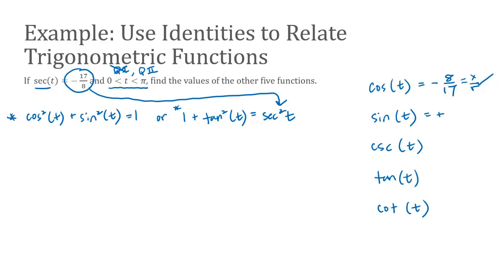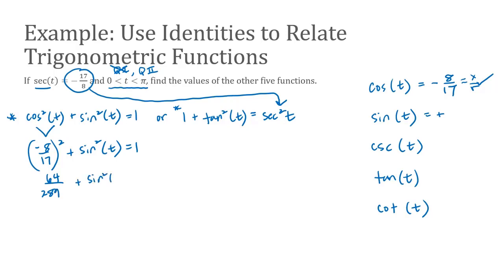I'm going to choose to use the Pythagorean identity, and in the place of the cosine of t, I am going to substitute -8 over 17, and I'm going to square it, plus sine squared t equals 1. Now, -8 times -8 is 64, and 17 times 17 is 289.